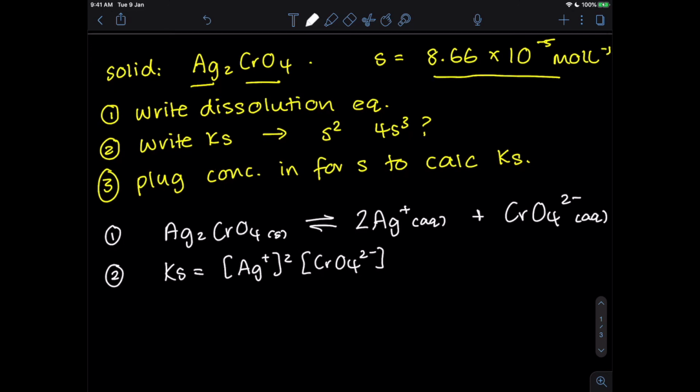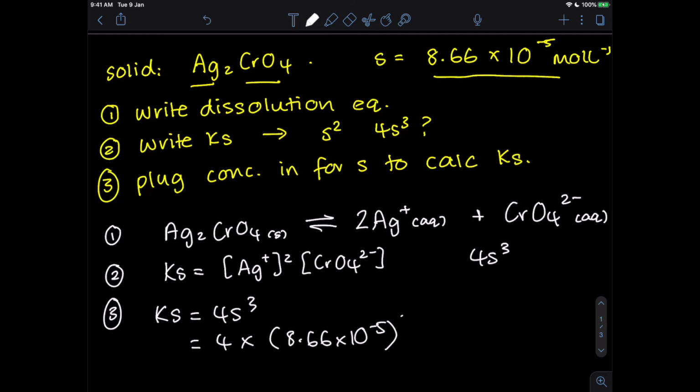So that means that this is what? Is this a 4s cubed or an s squared? 4s cubed, fantastic. And then plug in the number, so Ks is equal to 4s cubed, which is equal to 4 times 8.66 times 10 to the negative 5 cubed, which should be, if I've put that in my calculator right, which I may not have, 2.60 times 10 to the negative 12.